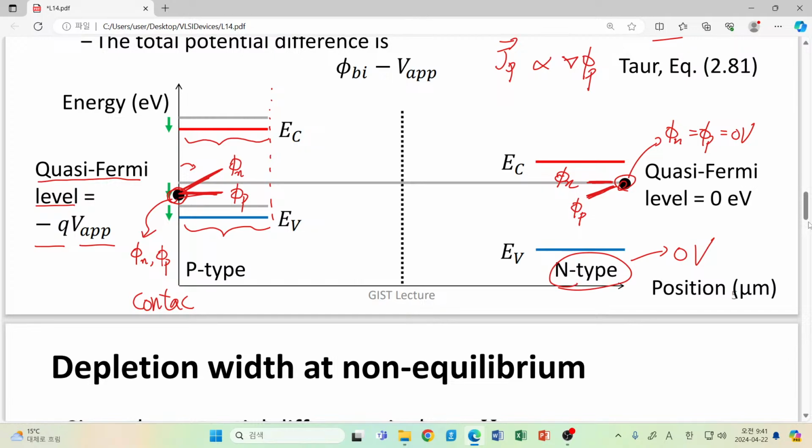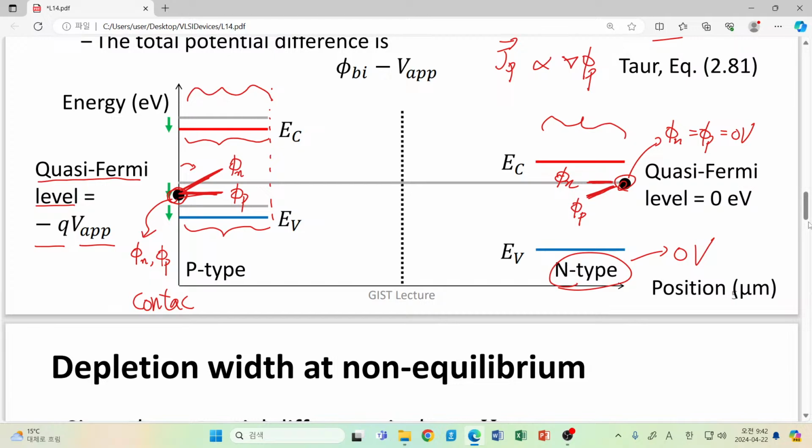Here the conduction band level and valence band level, which correspond to the potential, are almost constant in this way, and almost constant in this way. It means that there is no high drift component. However, we must still have the current.